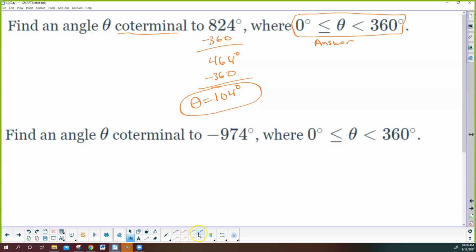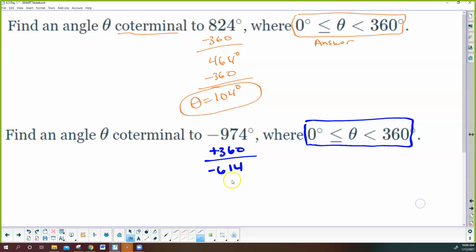What if I have a negative number? If I subtract or go further down, notice my answer has to be between 0 and 360. So then I'm going to just take this -794, and we're just going to keep adding 360 to it until I get to an answer that is between 0 and 360.